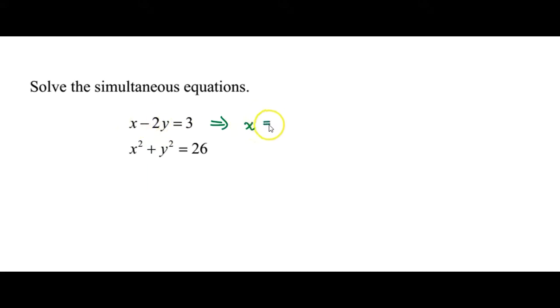For my convenience, I will let x be the subject, and write x in terms of y. It will be 3 plus 2y. After you have this linear equation with x as the subject, you can name this equation 1, and the non-linear equation, you name equation 2.